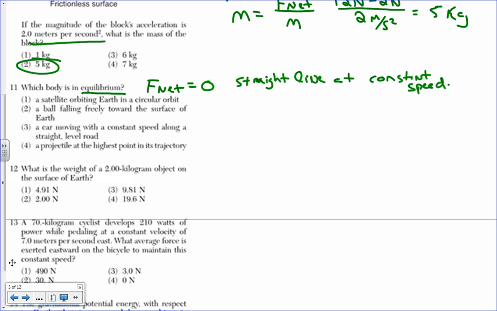So a satellite orbiting the Earth, a circular orbit, is changing direction, so that can't work. And a ball falling freely toward the surface of the Earth is accelerating at 9.81, so that can't work. A car moving with a constant speed along a straight level road, that seems to fit the bill, and that's our answer.